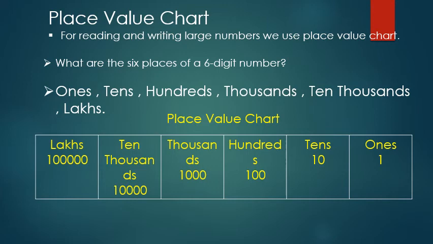And value of 1 is 1, value of tens is 10, and value of hundreds is 100, and like this all values are represented in place value chart. You can see each place on the left has a value 10 times more than the value of the place on the right side.